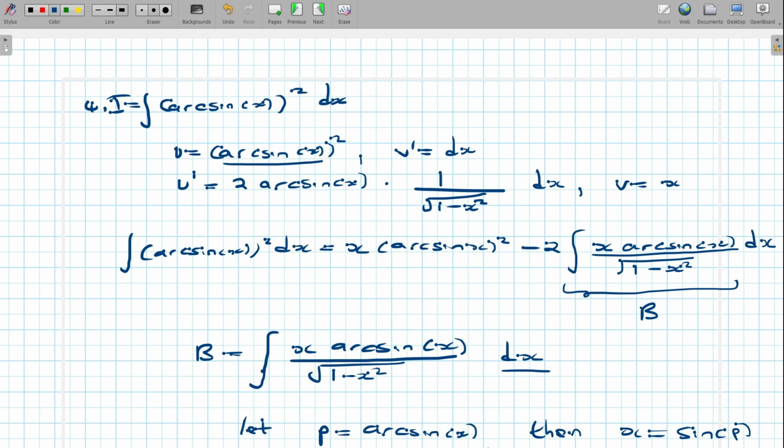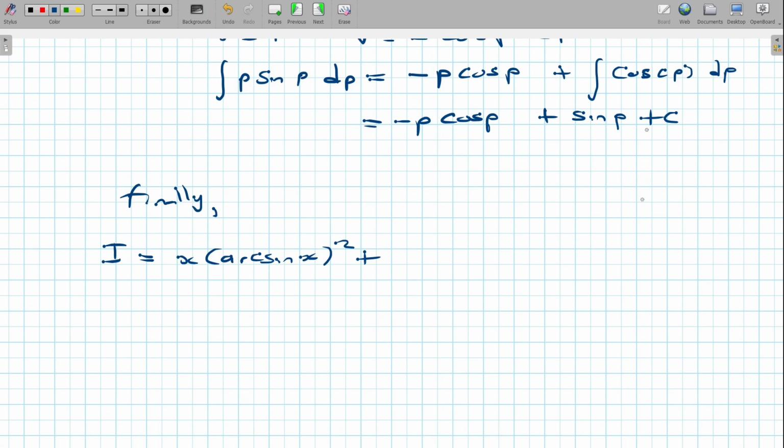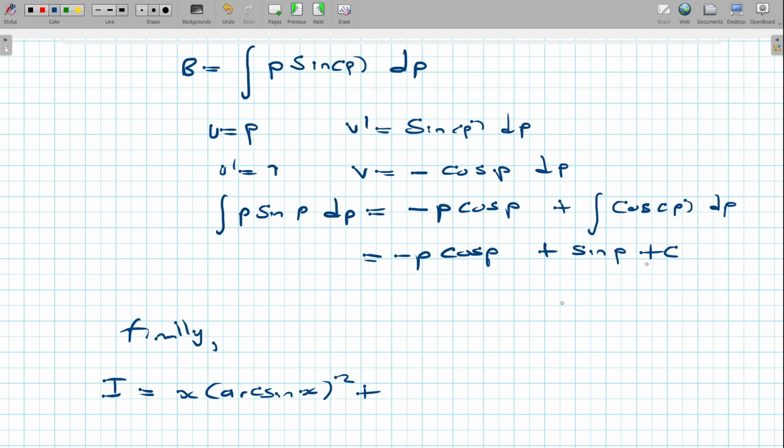What we have here is minus 2 multiplied by b. So we can maybe get rid of this. And here we have minus 2 multiplied by b. And then what is our b? Our b is this function that we have here.